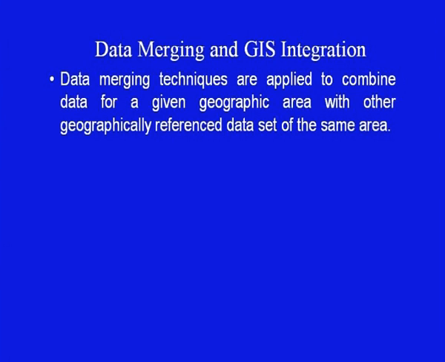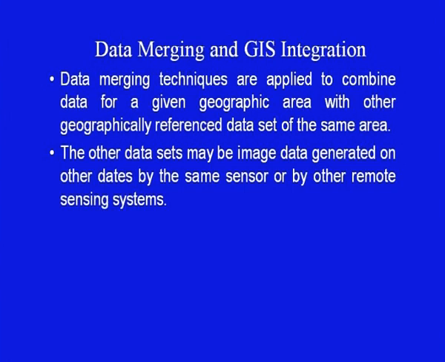Having done the classification, this particular data may have to be used in conjunction with other digital data. So, a very important task could be data merging and GIS integration. Data merging techniques are applied to combine data for a given geographic area with other geographically referenced data sets of the same area.